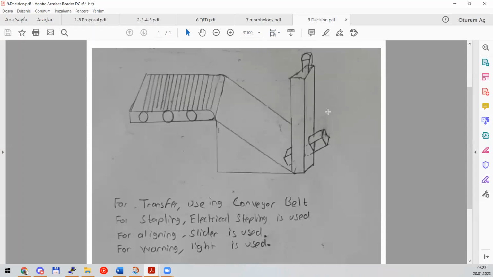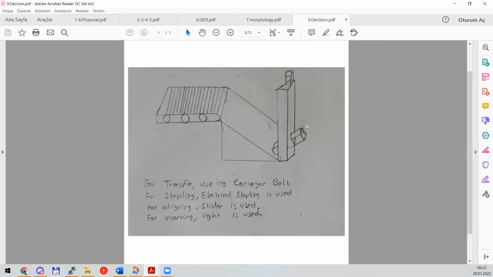This is our first decision. We use a conveyor belt, stapling is used, a slider is used, and light is used. Sorry, this is our second decision. Thank you for listening to me.